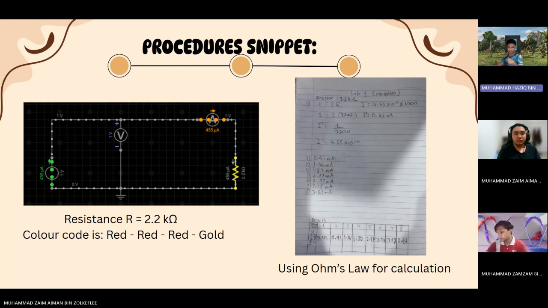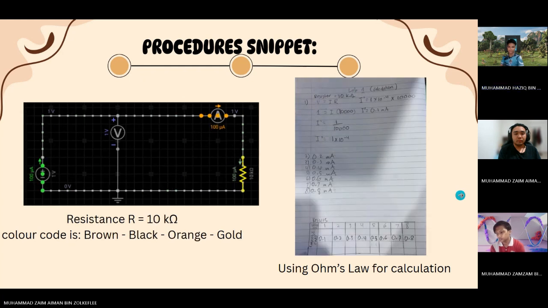So we just use the same concept for this calculation. Next slide please. Same goes for the calculation. We use the same calculation as for the 470 resistance, now with the 2.2k ohm resistance.